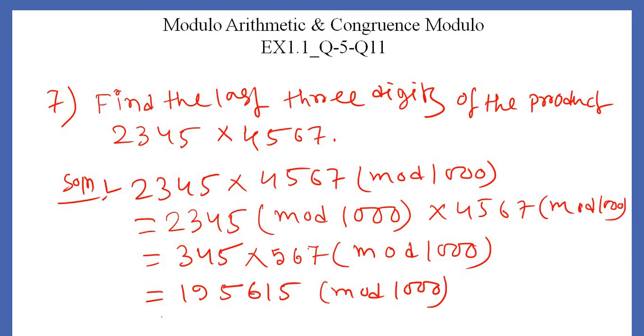So obviously the last three digits would be the remainder. So here the remainder is 615, that is less than 1000, satisfying the property. Therefore the last three digits of the product 2345 into 4567 is 615.